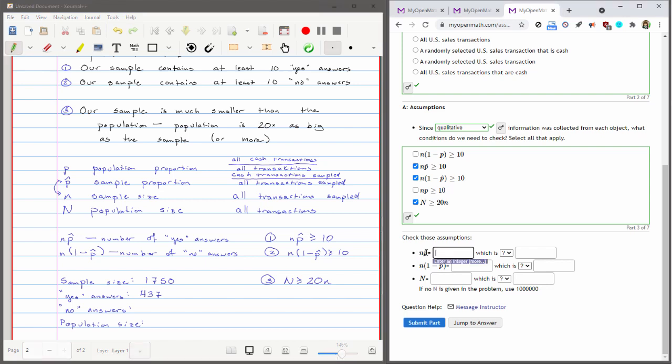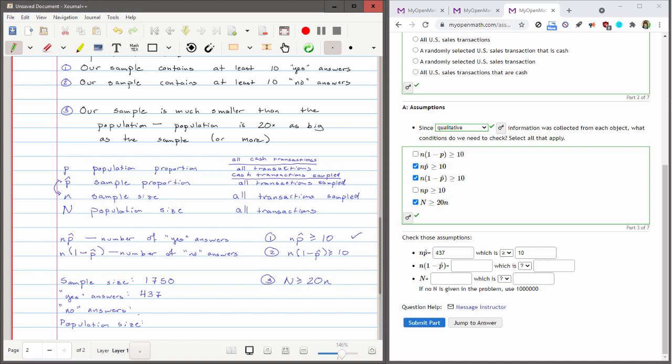But here are the yes answers. That's our n p hat. There are 437. And that is, in fact, greater than or equal to 10. So condition 1 is met.